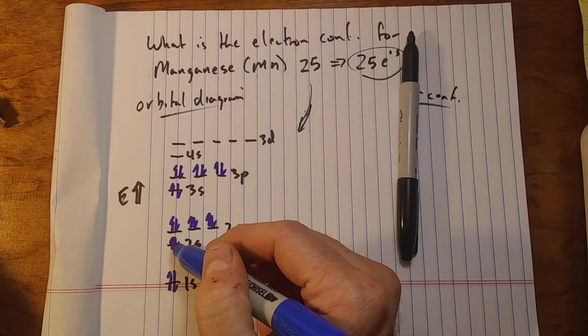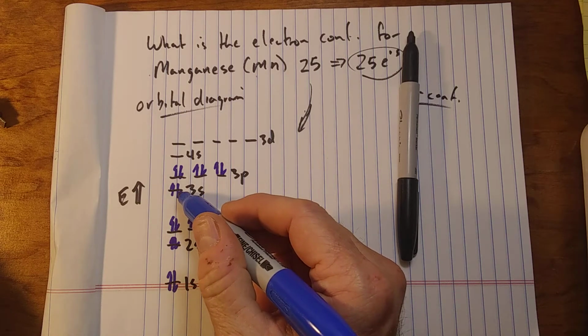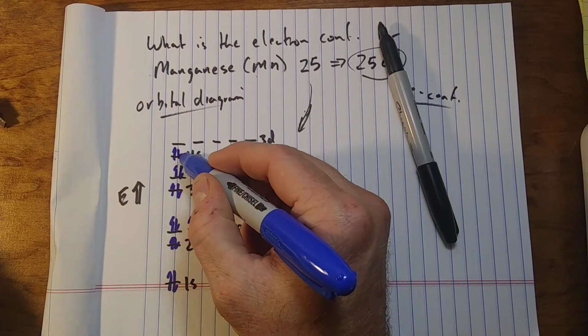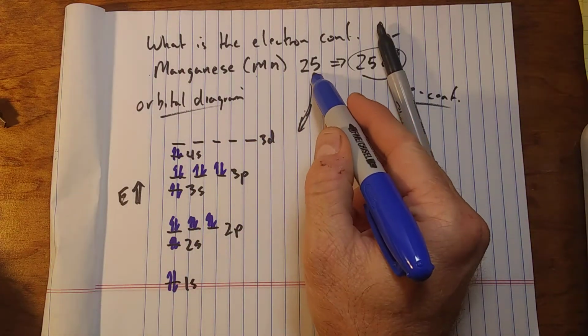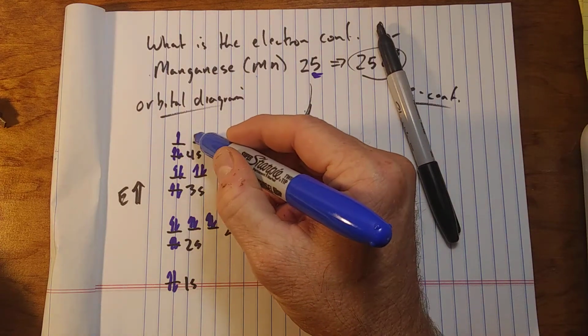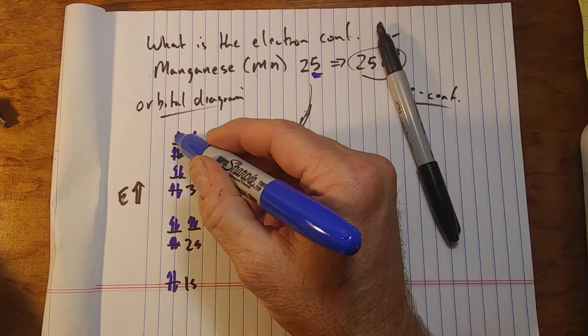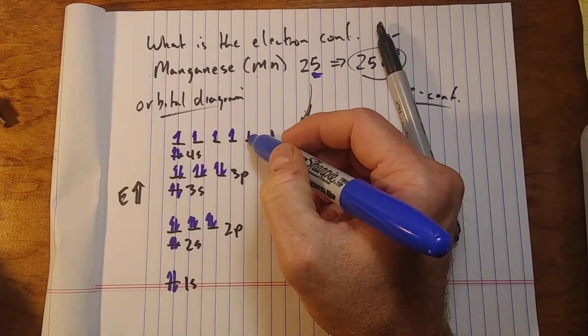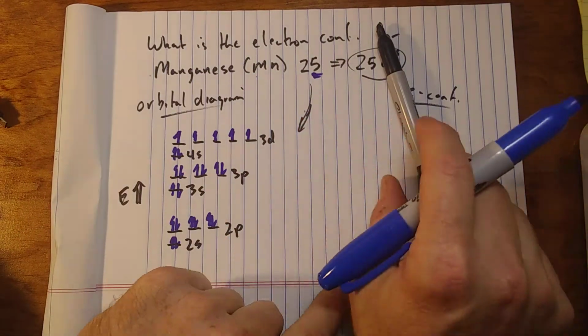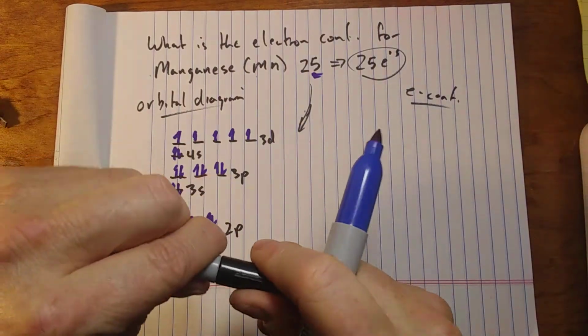So now we have 10, 2, 4, 6, 8, 10, 12, 14, 16, 18. If I go ahead and finish off the 4s, then all I have is 5 electrons left in the orbital diagram. So I'll put those in: 1, 2, 3, 4, 5. We have 5 half-filled 3d orbitals.